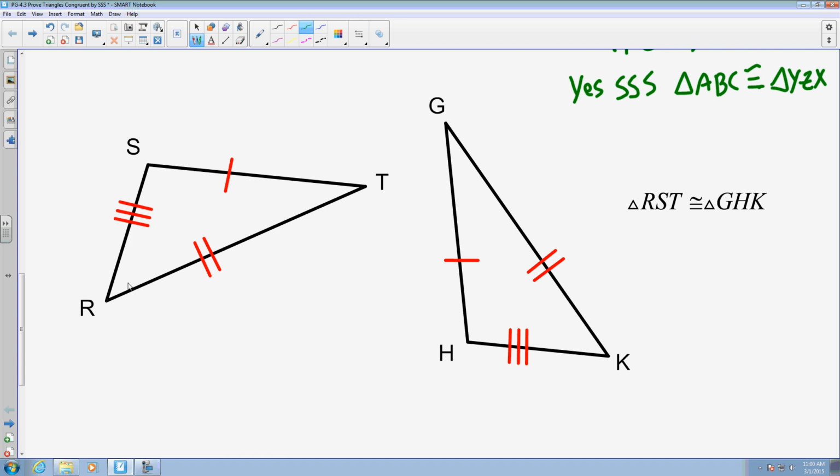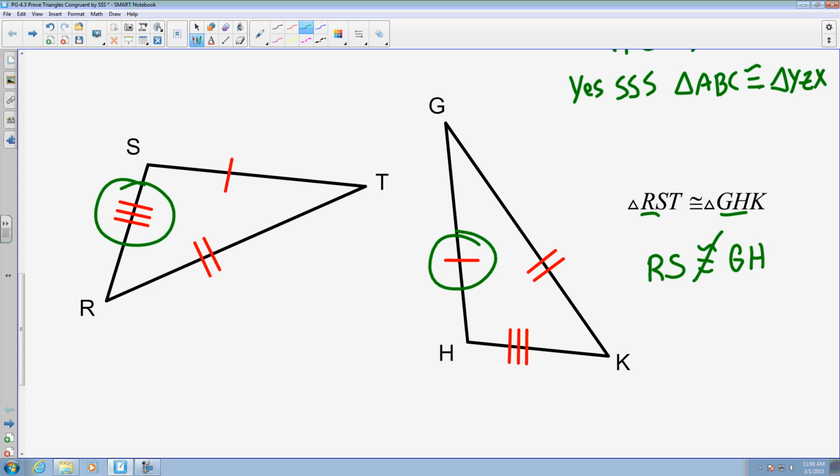All right, let's take a look at this one. They want us to prove that triangle RST is congruent to triangle GHK. So first off, I got RS, which is 3 tick marks, and I need to look at GH, which is, oops, it's 1. So right off the bat, I see that RS is not congruent to GH.